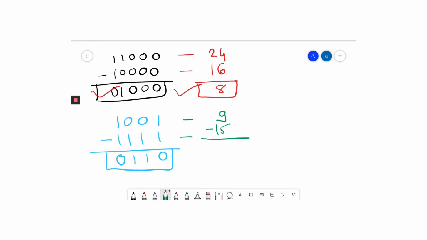And what would be the answer? Answer would be minus 6, right? Okay, so now let's check the result. So this is my answer, and 110 is the binary for 6, right?